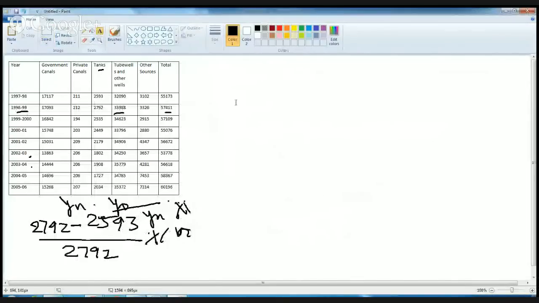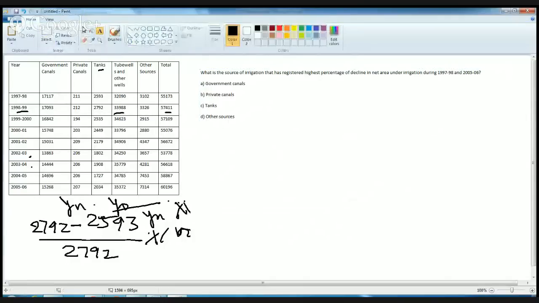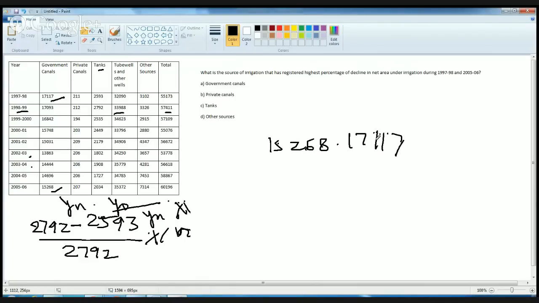So now we would be talking about decline. Since we are talking about decline, we are interested only in those terms which are decreasing. From 1997 and 2005-6, I would be subtracting 15268 minus 17117 divided by 15268 into 100.